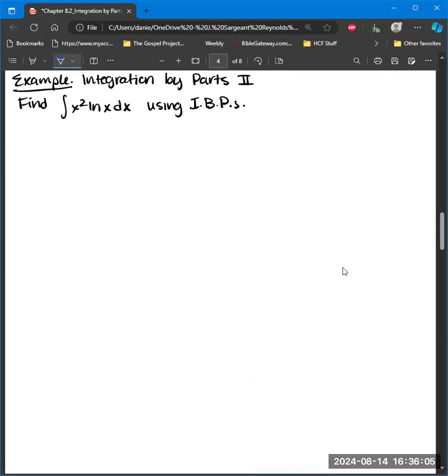Now we're going to look at LIATE here. LIATE tells me to definitely let that log piece be my u. dv is going to be everything else. So du is going to be 1 over x dx, and v is going to be x cubed over 3.